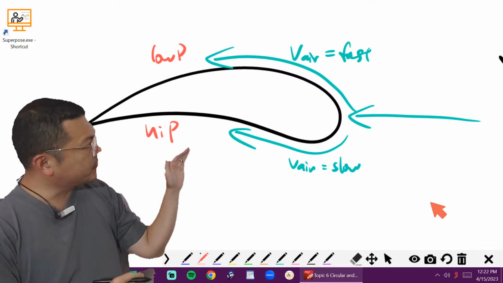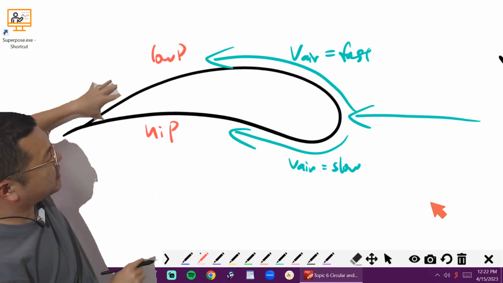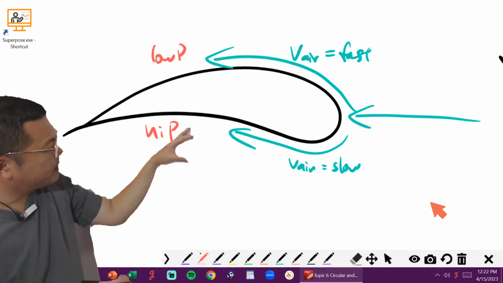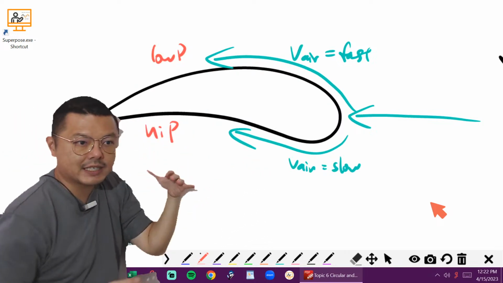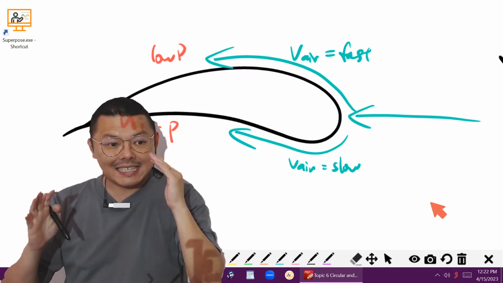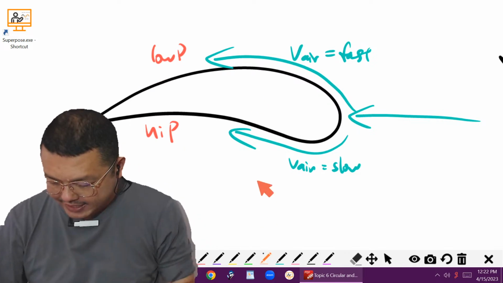Why? Because the air moves very fast on top, so there's very little air on top, but the air moves very slow at the bottom, so there's like an accumulation of air at the bottom. Are we okay with this? It is this difference in pressure on top of the wing and at the bottom of the wing that creates this effect called lift.